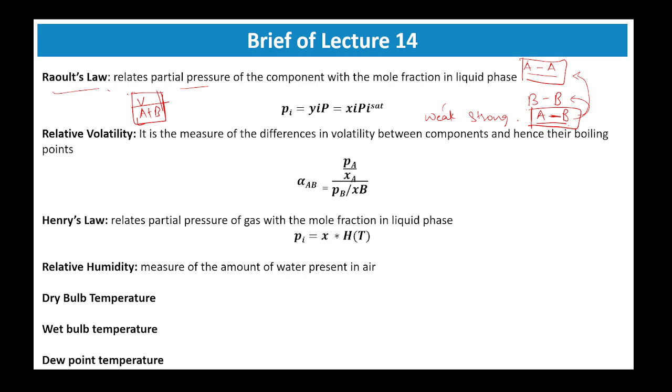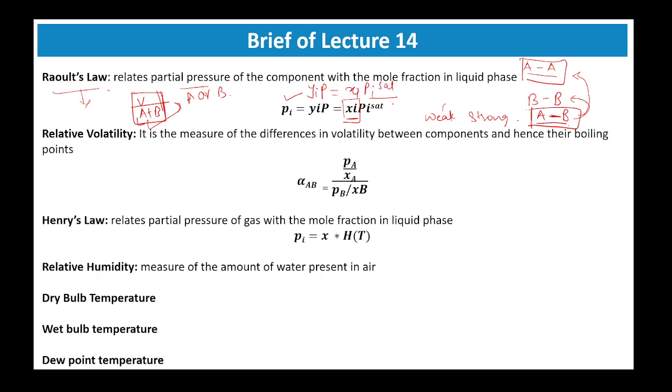This is obtained from Raoult's law, and it states that the pressure exerted by any component A or B is related to the mole fraction of that component in the liquid phase, which is represented by Xi. This partial pressure can be written as YiP as per Dalton's law, and it is equal to Xi Pi sat.